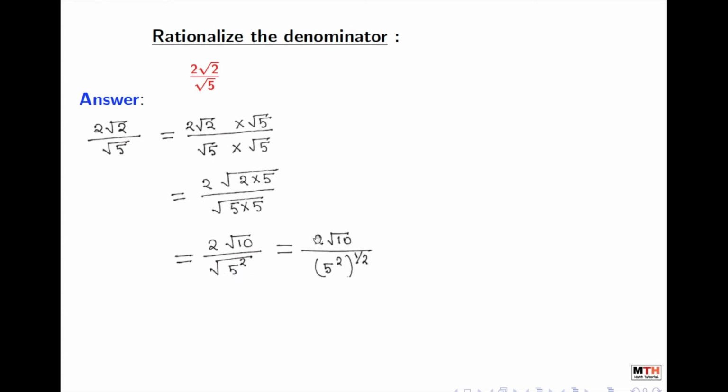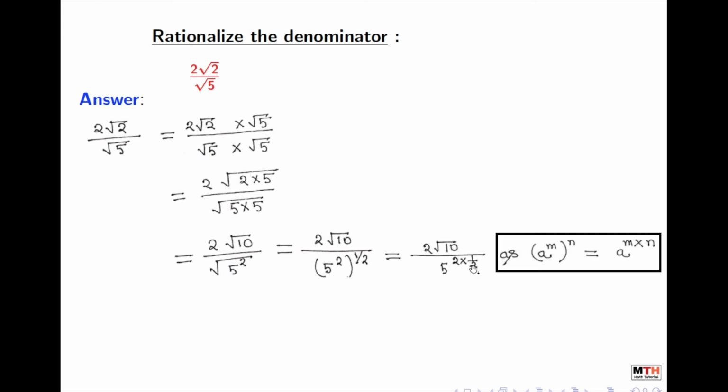Now the numerator will remain same, that is 2 root 10, and in the denominator we will get 5 power 2 power half. As we know that we can write square root as power half. So again simplifying it, we will get the same term in the numerator and we will get 5 power 2 times half in the denominator.